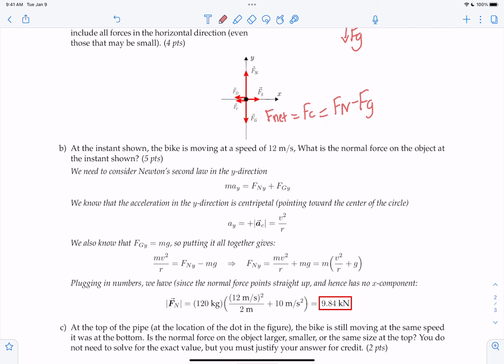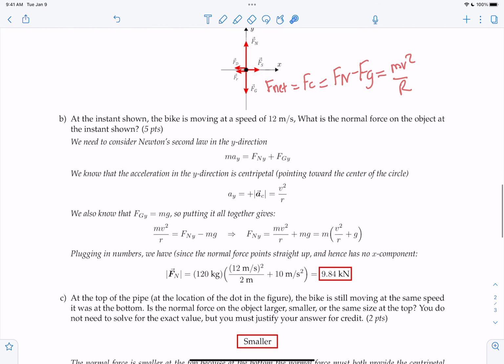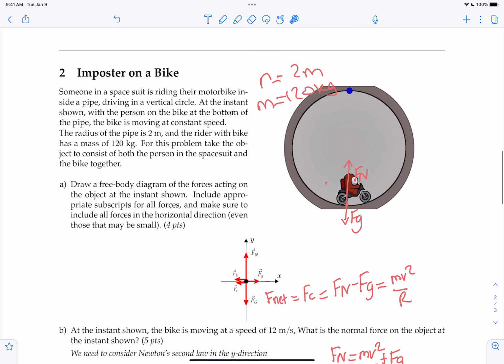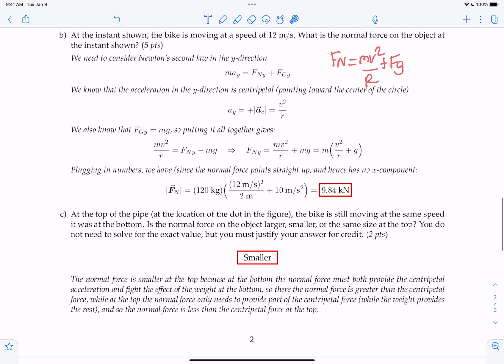And so this is m v squared over r, right? And so our normal force would then be equal to m v squared over r plus Fg. So you just plug in your mass times the centripetal acceleration that you figured out using the speed and the radius of 2 meters, and you add it to the force of gravity. Now, for the force of gravity, we have the mass of 120 kilograms, so that should be 120 times 10, right?